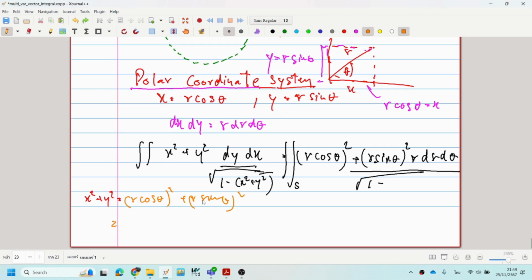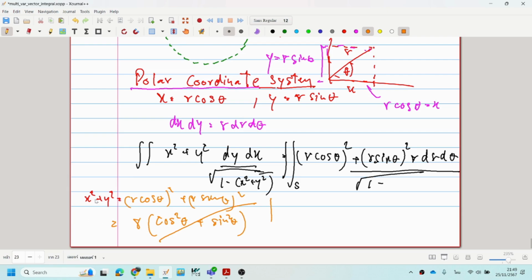Okay, move r outside of the parentheses, inside of the bracket, cosine theta squared plus sine theta squared. And in the trigonometry identity, or the property of trigonometry, cosine squared plus sine squared is 1.